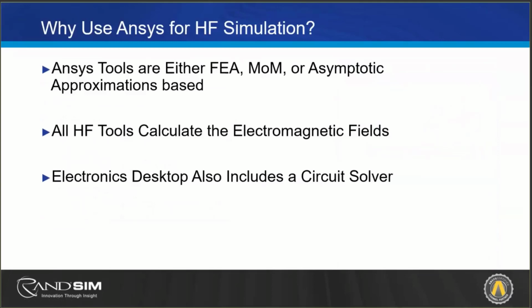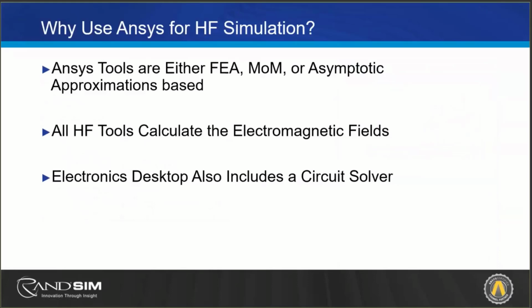So moving forward, again, why use Ansys for high frequency simulation? Ansys tools for high frequency are finite element, method of moments, or asymptotic approximation based. These are all used to calculate the electromagnetic field.